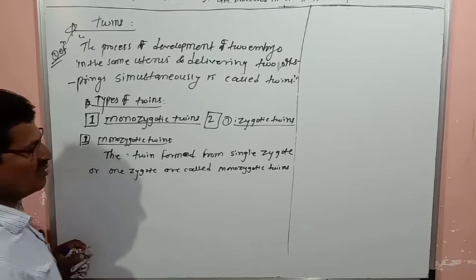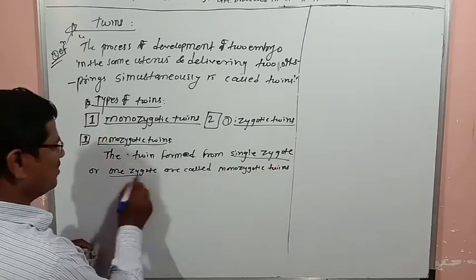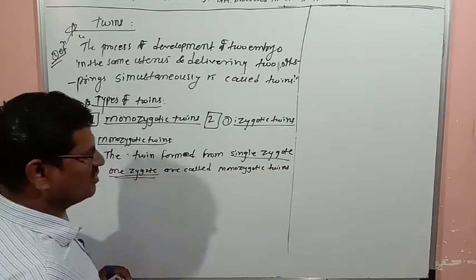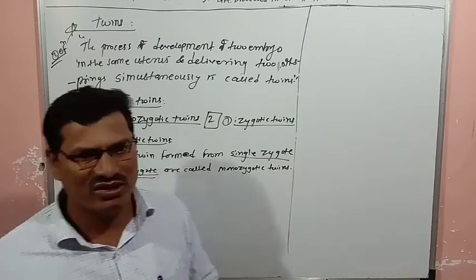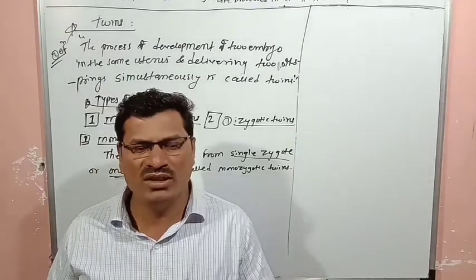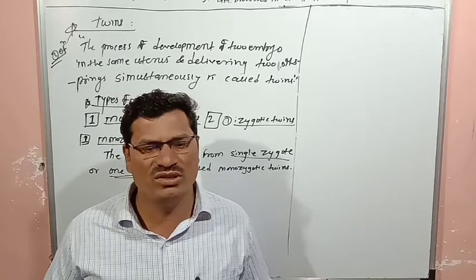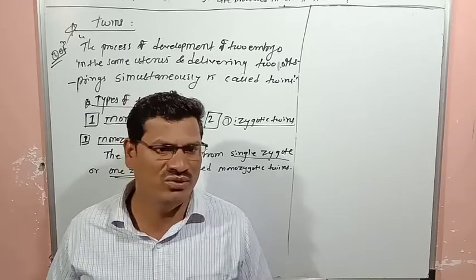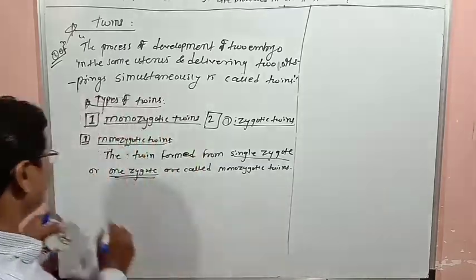Twins which are formed from the same zygote, or single zygote, one zygote, are called monozygotic twins. Now some other points are there.